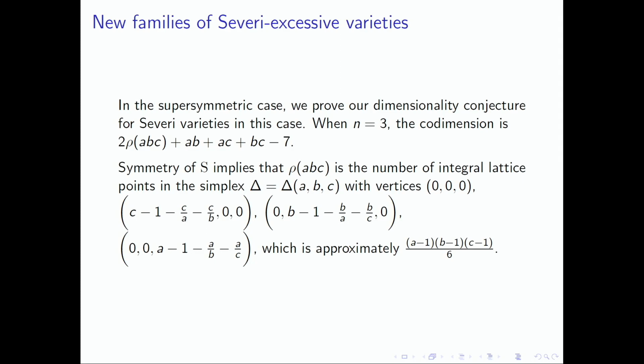And what's nice is that it's known in general that you can approximate discrete volumes of lattice simplices by their actual Euclidean volumes, which are these polynomials, where I've just ignored the fractional pieces in these expressions.